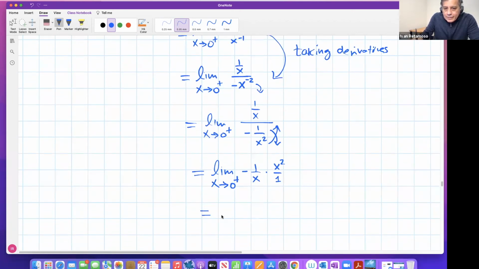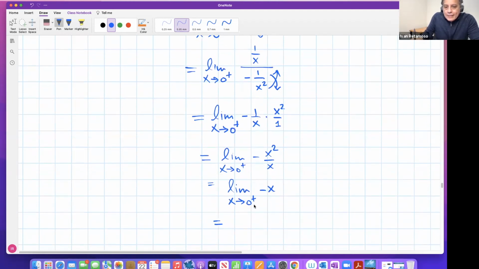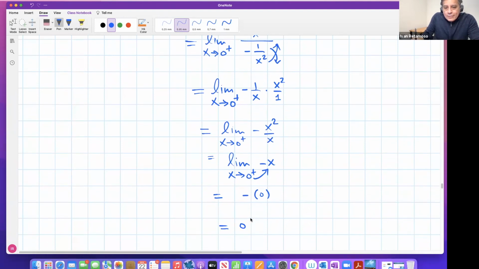Finally, the limit of minus x squared over x as x approaches 0 from the right, and finally the limit as x approaches 0 from the right of minus x. When you substitute here, it's minus 0. Finally, this whole thing is equal to 0.